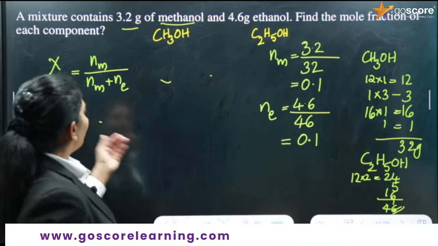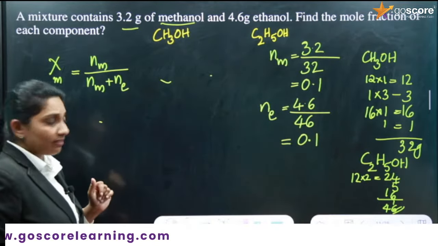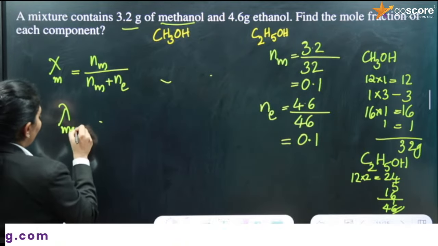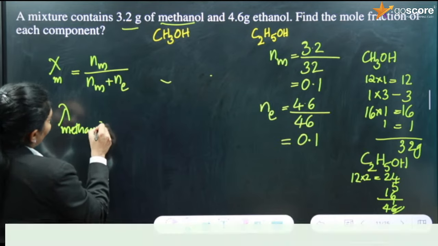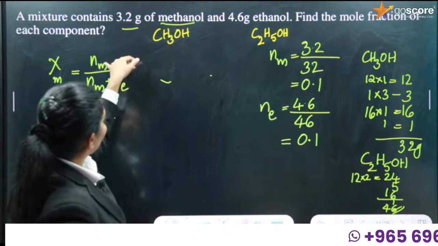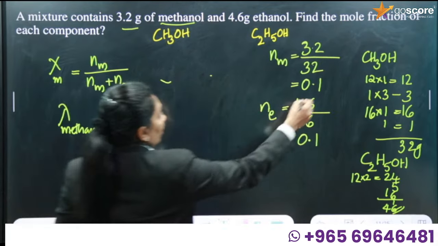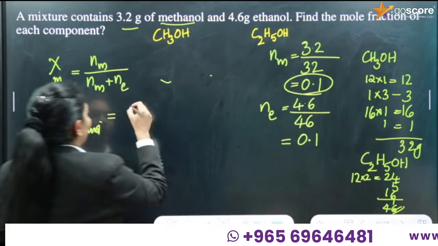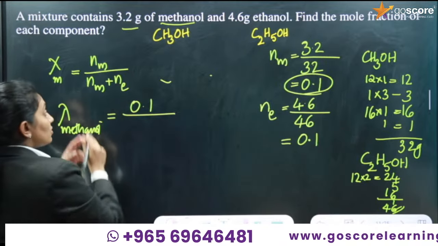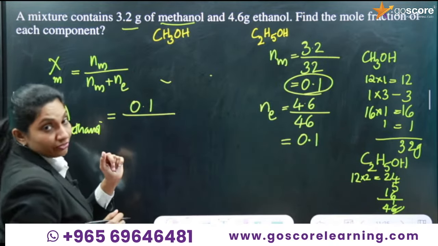So, now we want to substitute these values here, right? The mole fraction of methanol is equal to number of moles of methanol, that is what we got here, 0.1, divided by number of moles of methanol plus number of moles of ethanol.